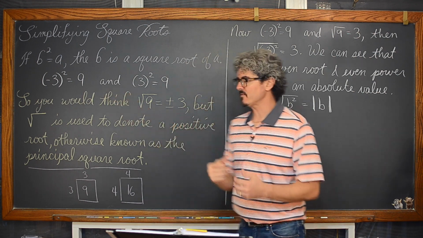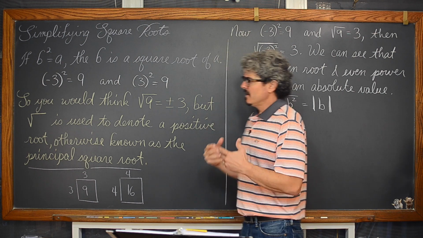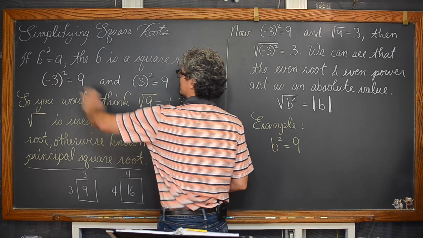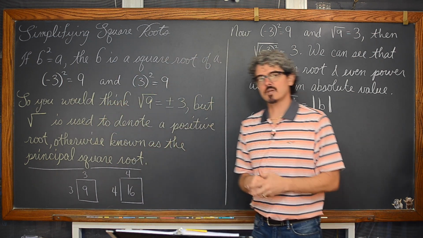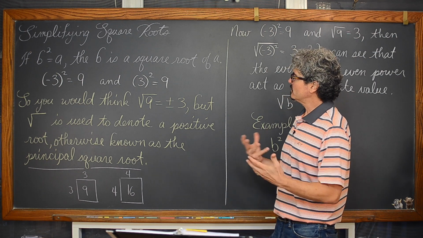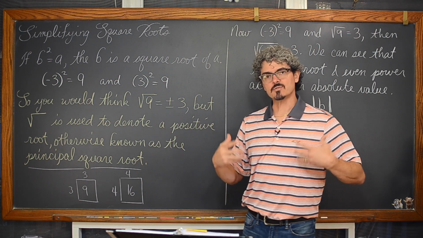And we also have the fact that positive 3 squared is also equal to 9. So the fact that we can take the negative 3 or positive 3 and square both of those numbers and get the same answer of 9 means that both positive and negative 3 are considered to be square roots of 9.